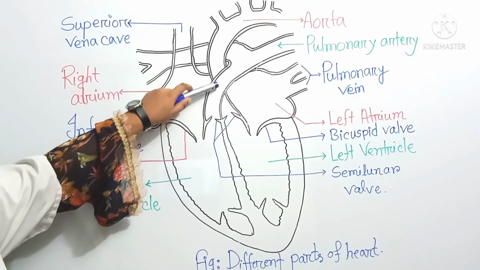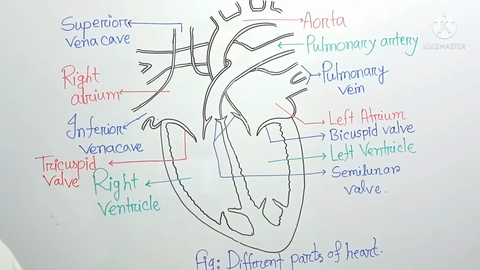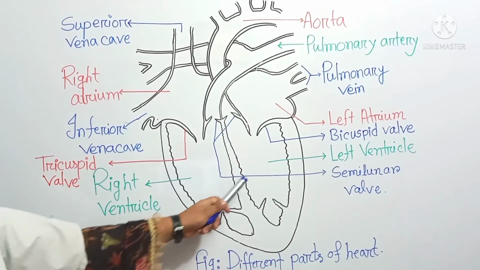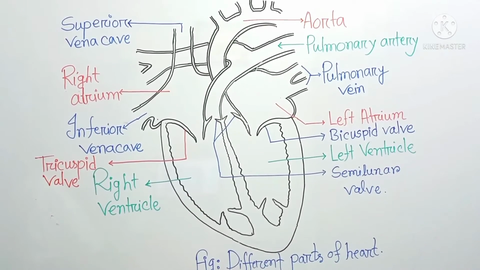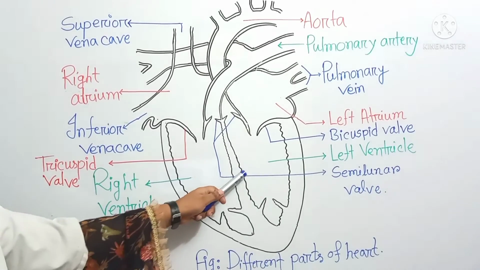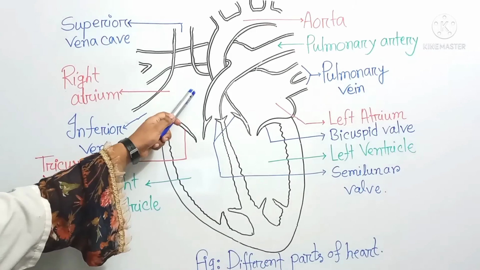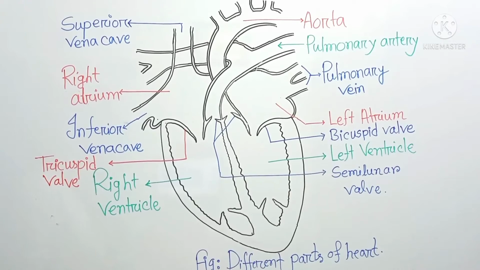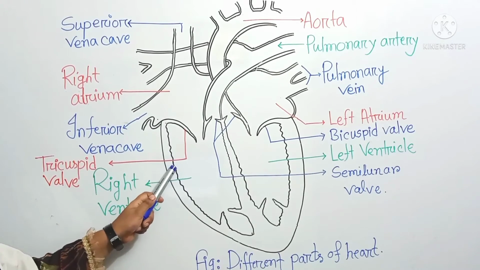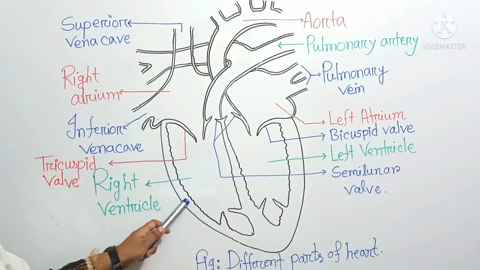There is an interatrial septum present between the right atrium and left atrium, and the ventricles are divided by the interventricular septum. The wall of the atrium is thin, and the wall of the ventricle is thick and muscular, that we can see. This is the wall of the ventricle.